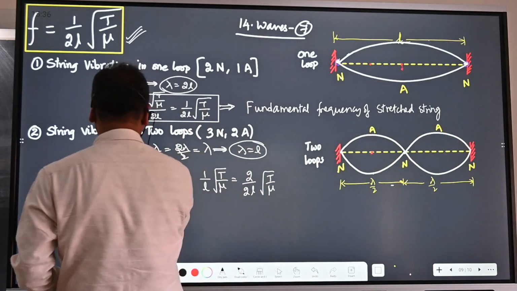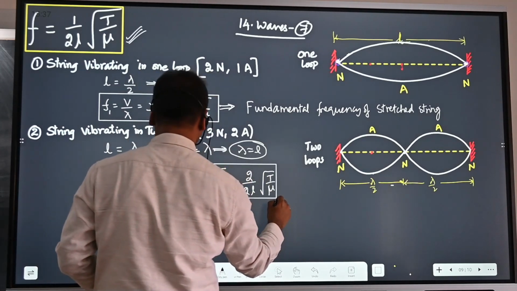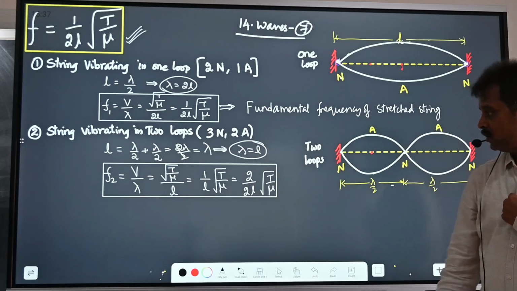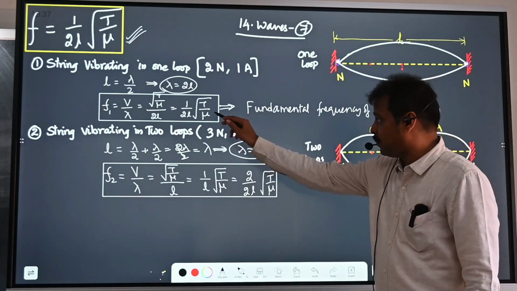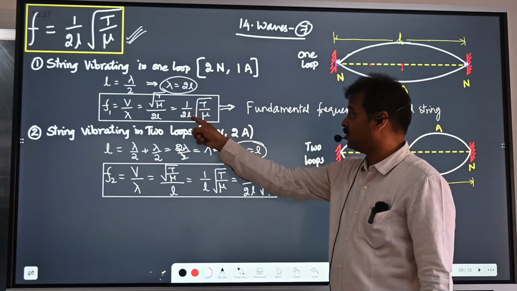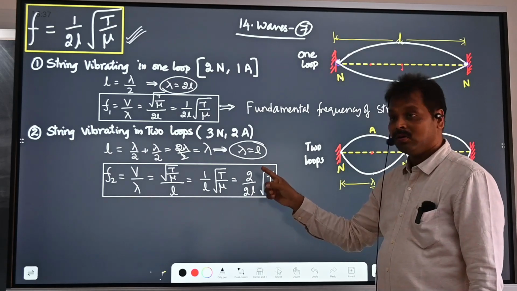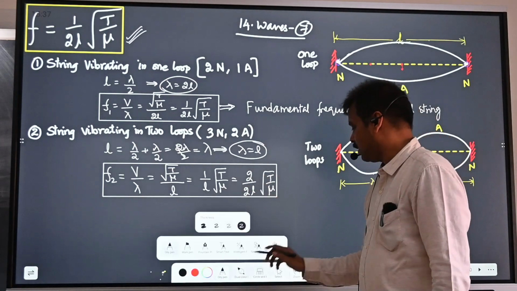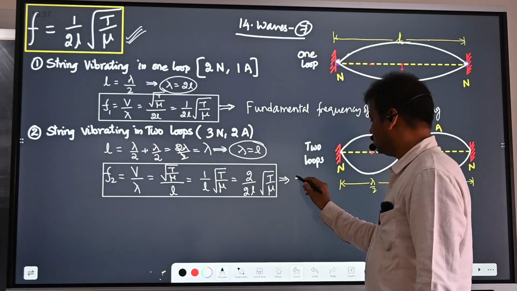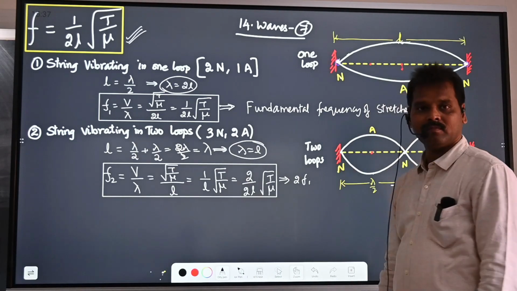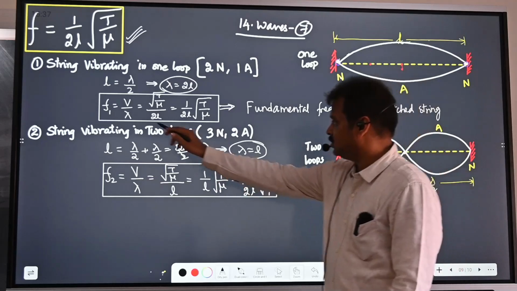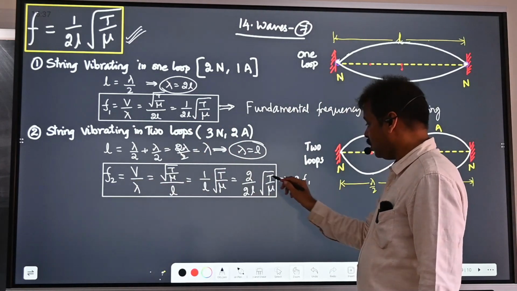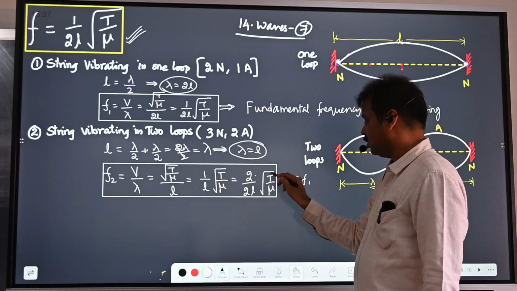So now you see this one. Is this double the previous one? Previously 1 by 2L root T by mu. Now 2 by 2L root T by mu. So can I write this as 2F1? This is F1, 1 by 2L root T by mu. What is F2? 2F1, 2 into F1.